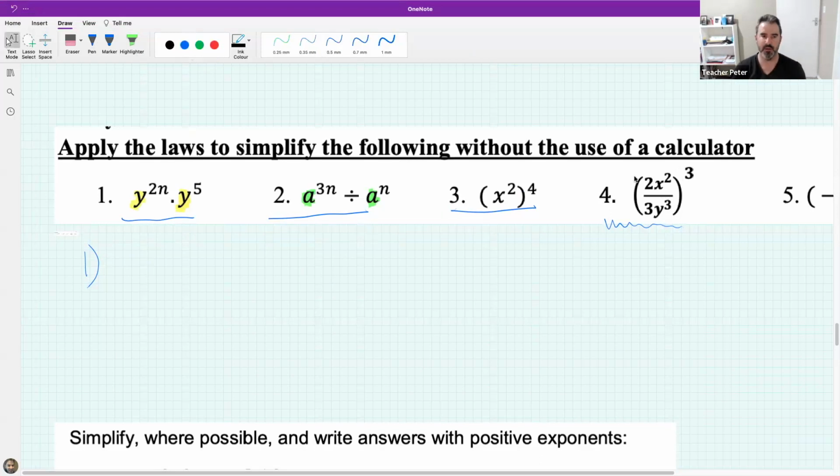Law number 1 says we write down the base and we do something. Here we write down the base and we do something. Here, I guess we do something different, but I'll give you some more time.